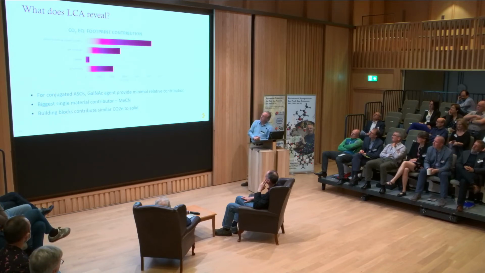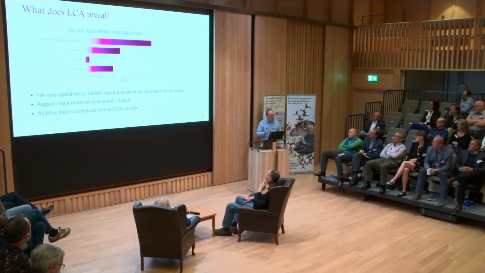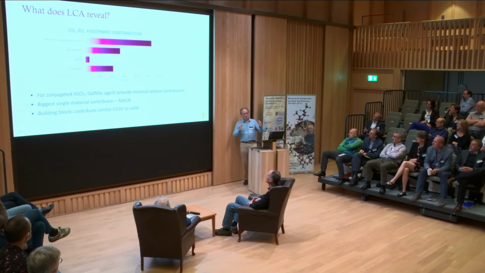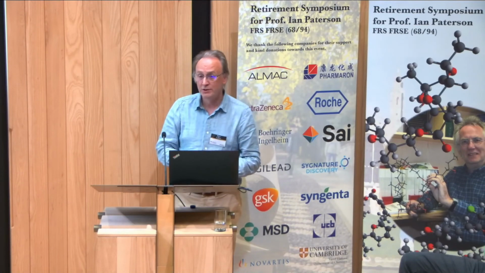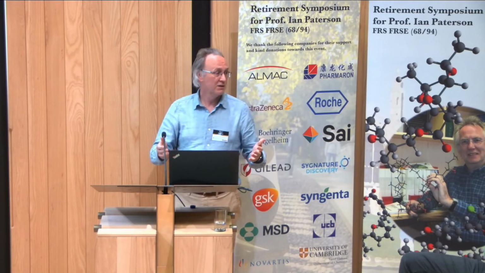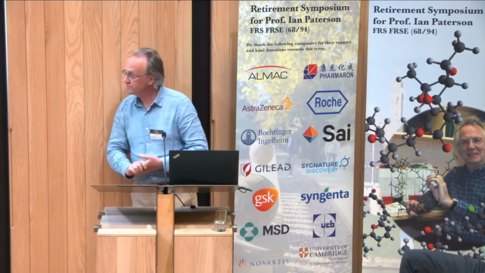There's obviously a lot there about the others. But the API materials, you can see actually that the C-et amidites are quite a chunk of our CO2 equivalent. What's interesting is, although that GalNAc piece is really quite large, if we do make one with a GalNAc on, its contribution to the CO2 equivalence is actually quite small.